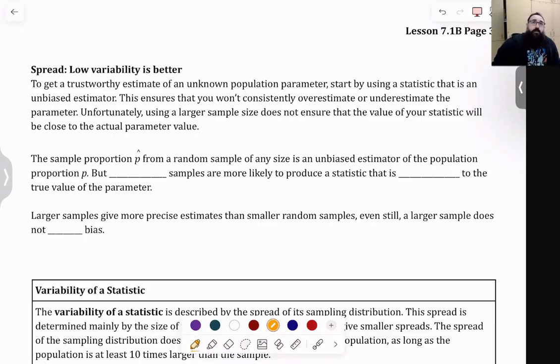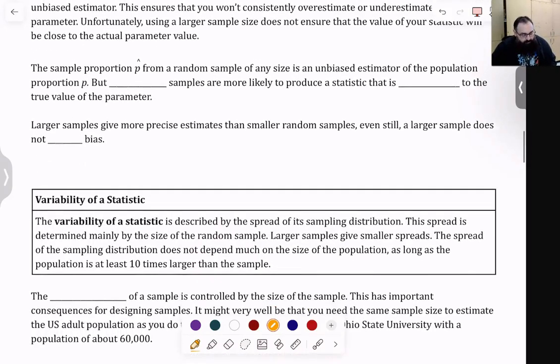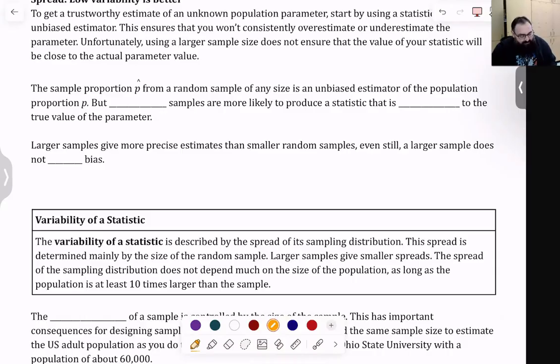Now, unfortunately, using a larger sample size does not ensure that the value of your statistic is going to be close to the actual parameter value. So the sample proportion p hat from a random sample of any size is an unbiased estimator of the population proportion p, but larger samples are more likely to produce a statistic that is closer to the true value of the parameter.